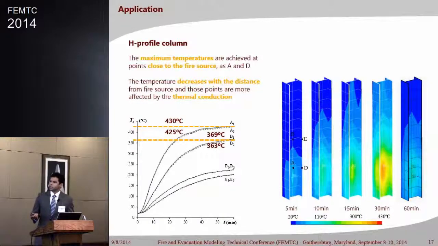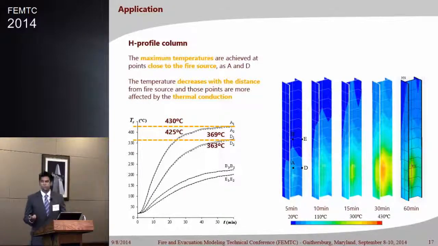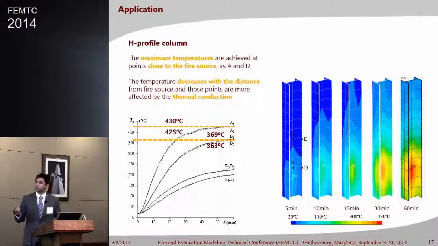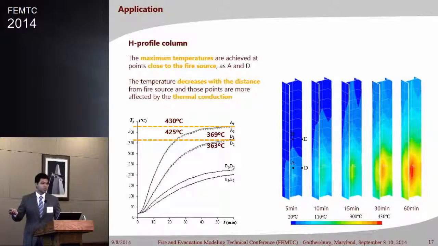The maximum temperature achieved here after the application of FTMI is at points A and D, for example, that are close to the fire source. A1 means the surface that is facing the fire, and the subscript 2, the faces that are facing the other side.